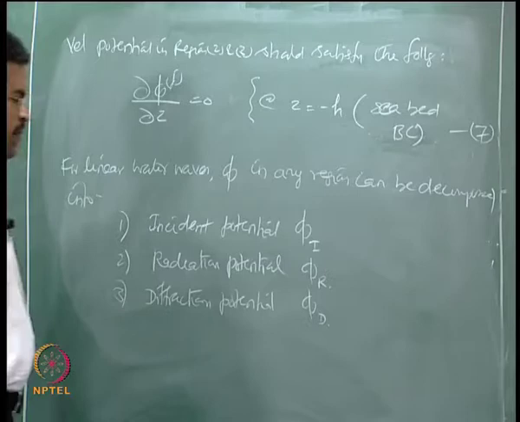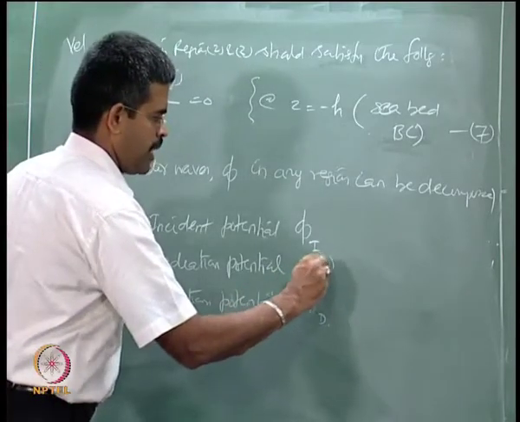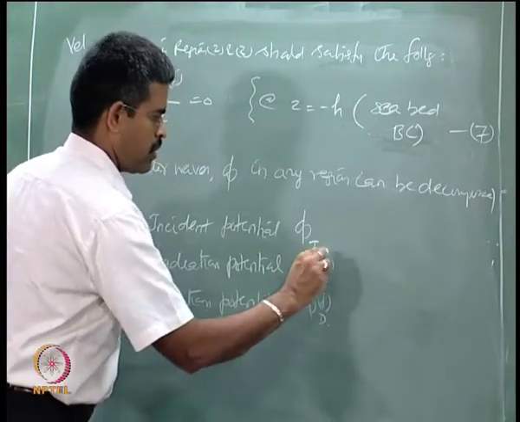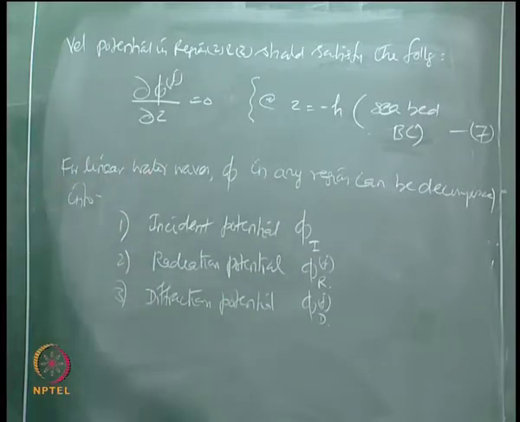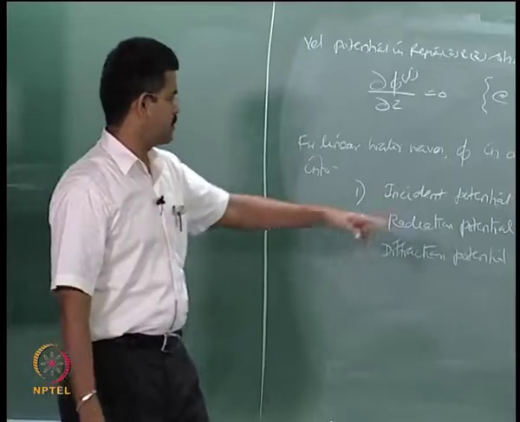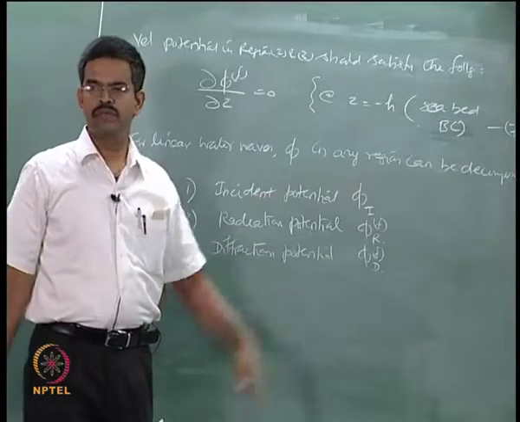The radiation and diffraction potential will be valid for a count of j. I will explain this. There are 3 regions, 1, 2 and 3. Okay.